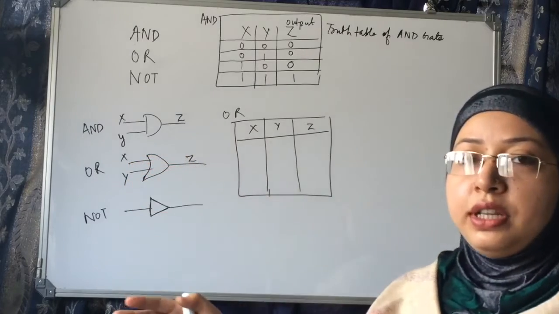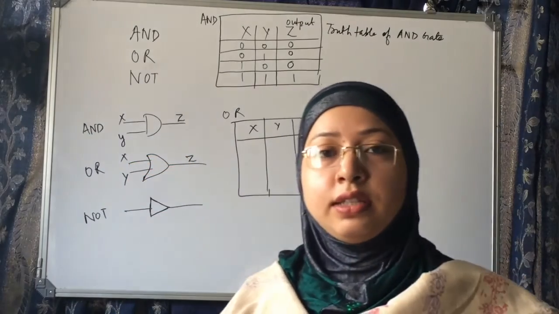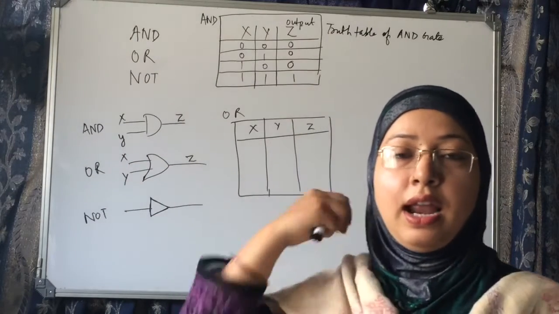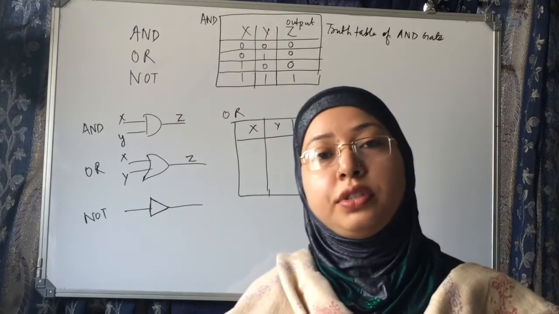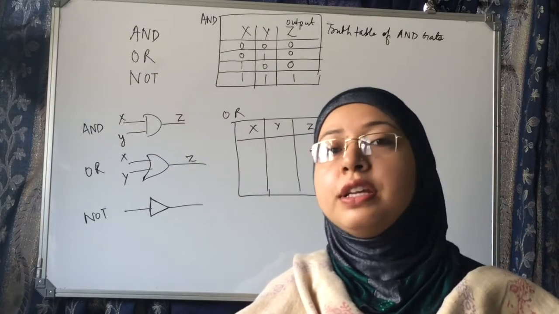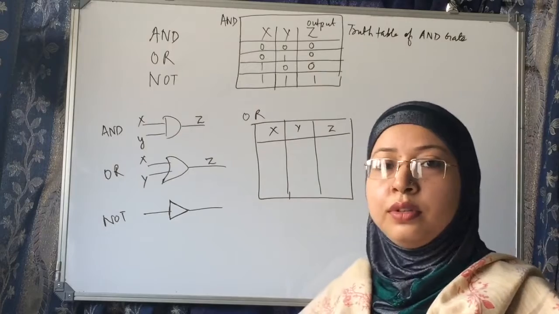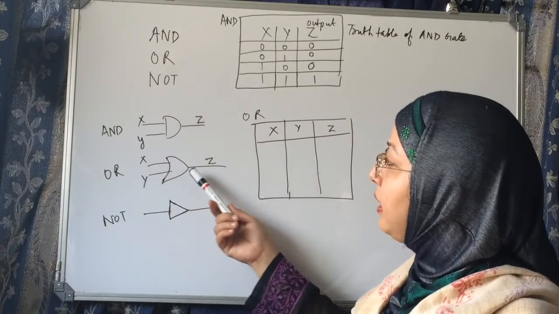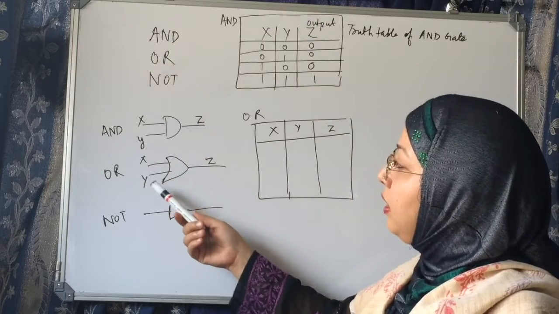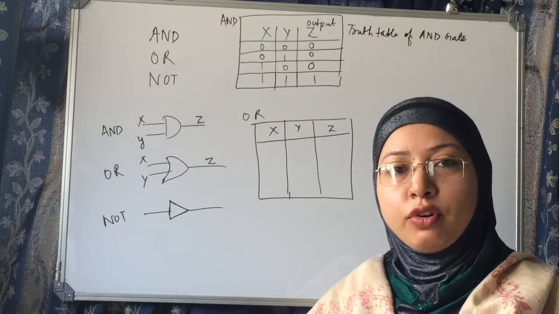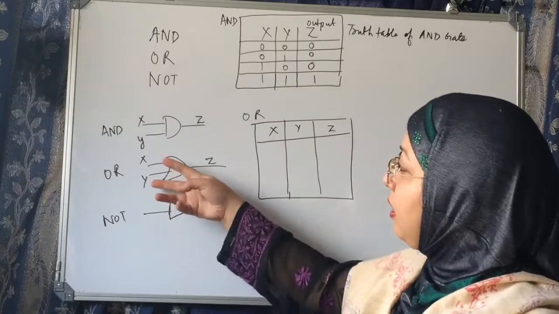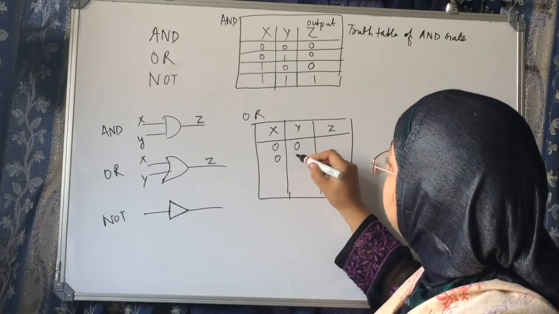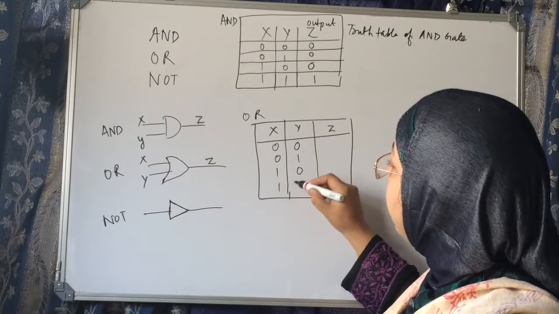Inputs means what we give to the circuit, what we provide to the circuit, and the output is what is produced by the circuit. So for OR gate we are having two inputs x, y and z as an output. Here also we will be having four combinations of input, and the four combinations are 0 0, 0 1, 1 0, 1 1.